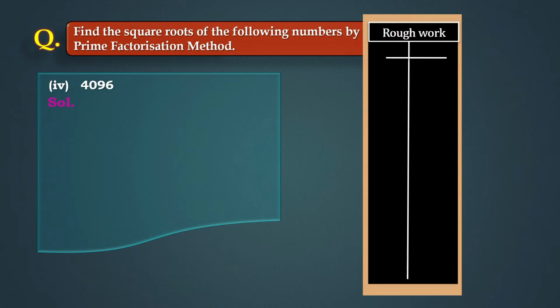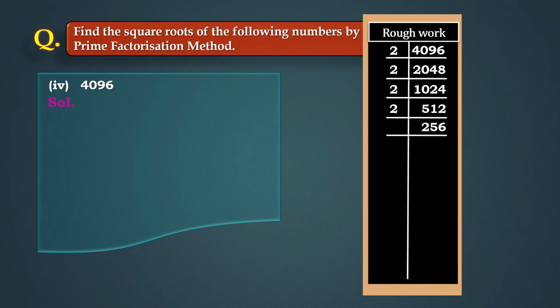We start dividing the number by the smallest prime number, which is 2, again and again. 4096 divided by 2 gives 2048. 2048 divided by 2 gives 1024. 1024 divided by 2 gives 512. 512 divided by 2 gives 256. 256 divided by 2 gives 128. 128 divided by 2 gives 64.